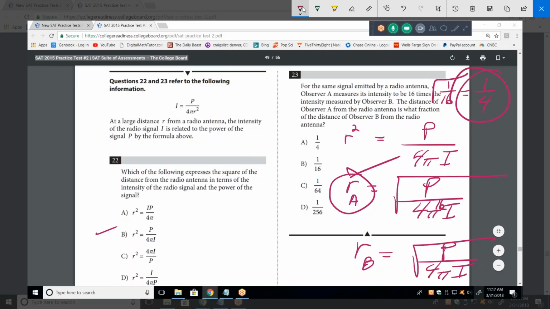So that's the fraction of the distance from observer A to observer B. And like I said, that was definitely a harder question than the first one. This one is really algebra. If you do not know how to do this one, you want to review this. If you want to review any part for this test before you take it, make sure your algebra is spot on, because it's only a test of algebra.